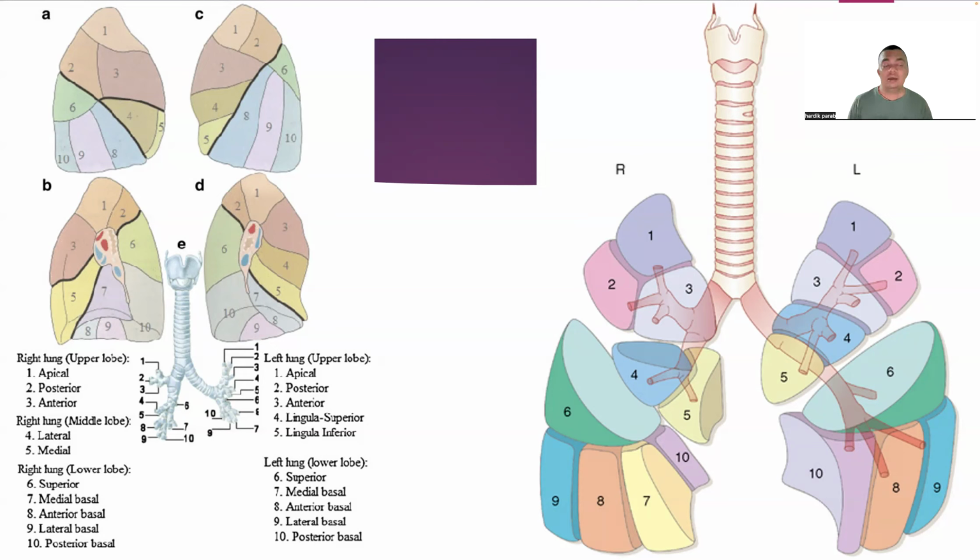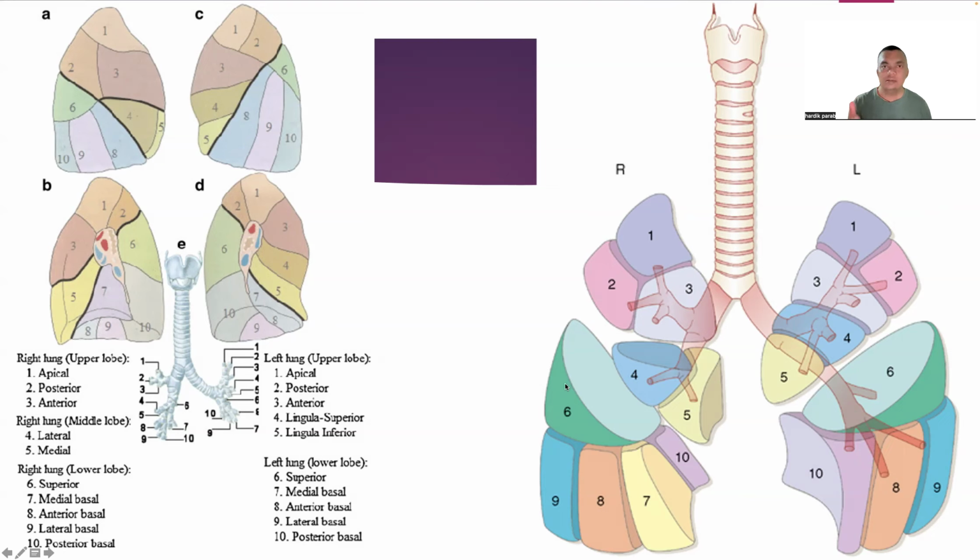Then the middle lobe has two bronchopulmonary segments, medial and lateral. Then the lower lobe is quite a bigger one, with its major part on the posterior aspect. It has five bronchopulmonary segments. So it is your superior segment or apicobasal.